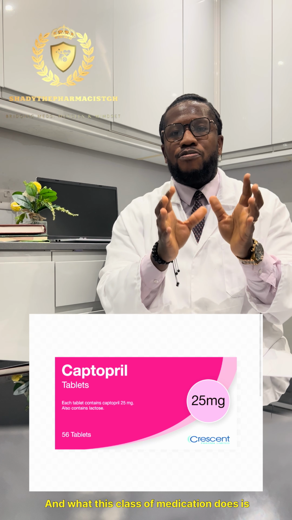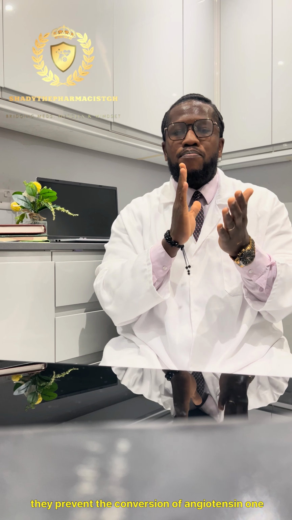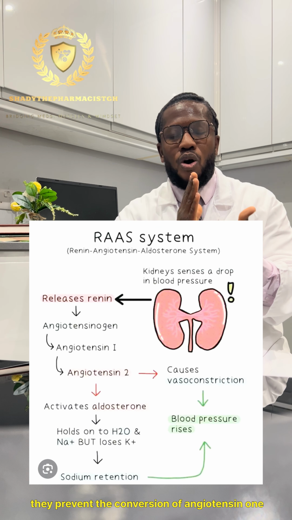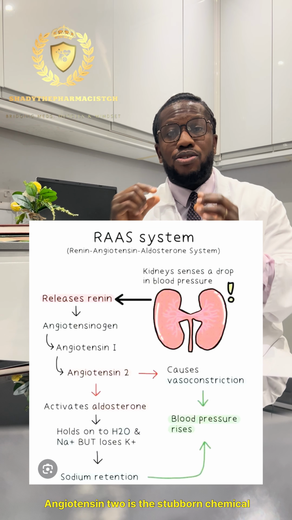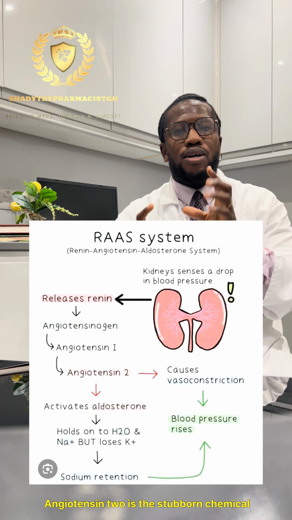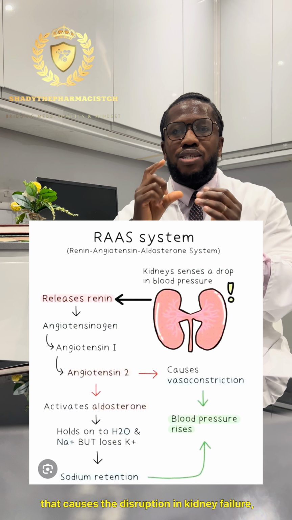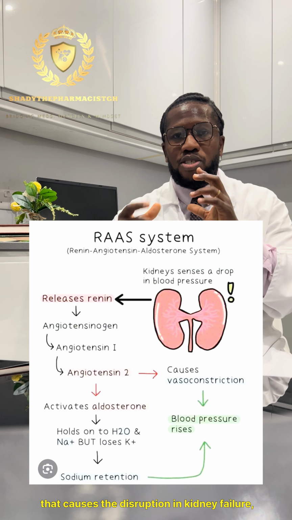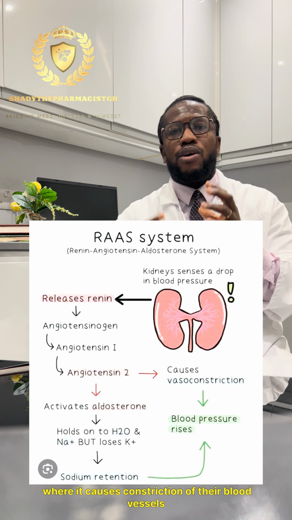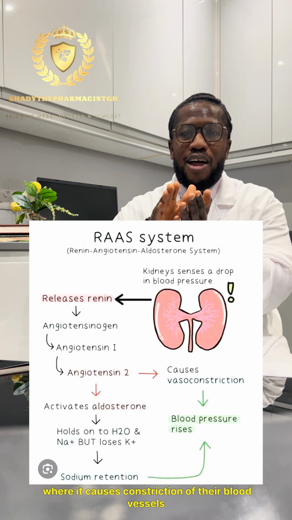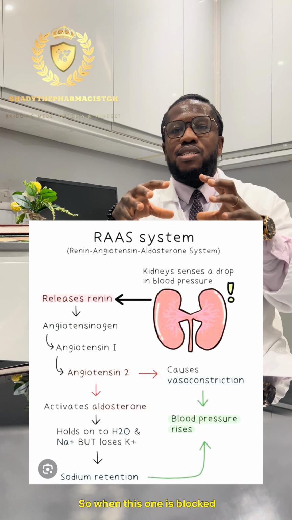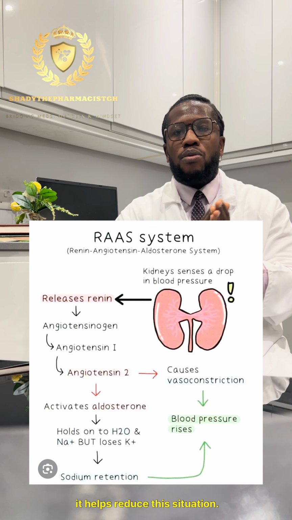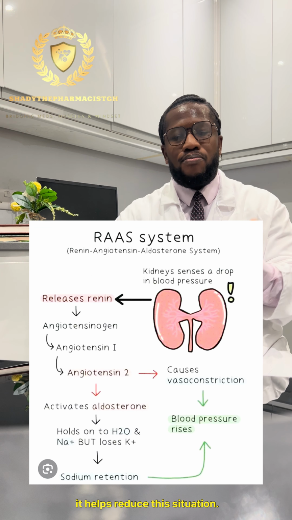What this class of medication does is prevent the conversion of angiotensin 1 to angiotensin 2. Angiotensin 2 is the stubborn chemical that causes the disruption in kidney failure, where it causes constriction of the blood vessels and accumulation of fluid. So when this is blocked, it helps reduce this situation.